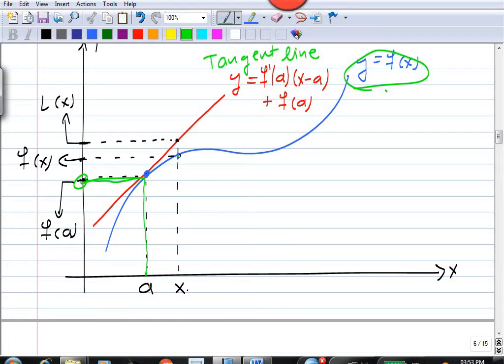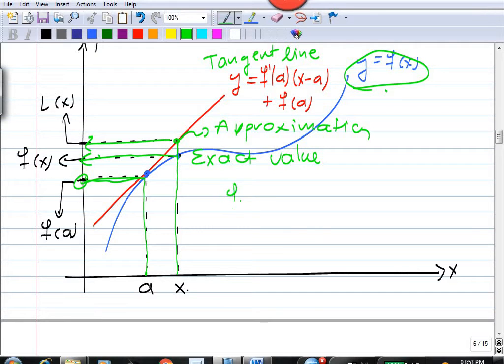Now, if we read off the graph, then we see here we've got f of x, that's the exact value. If we go up a little, we read again off the graph, then we see there we've got L of x. So f of x is approximately equal to L of x.